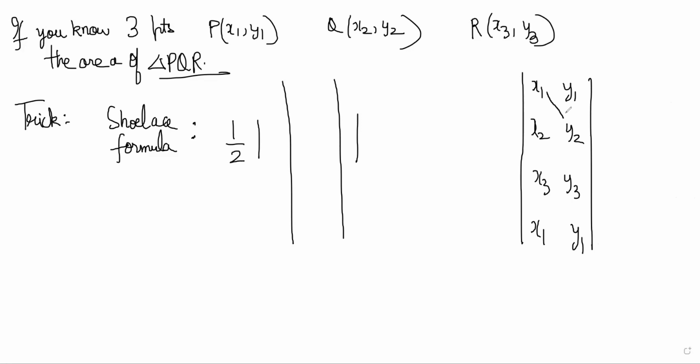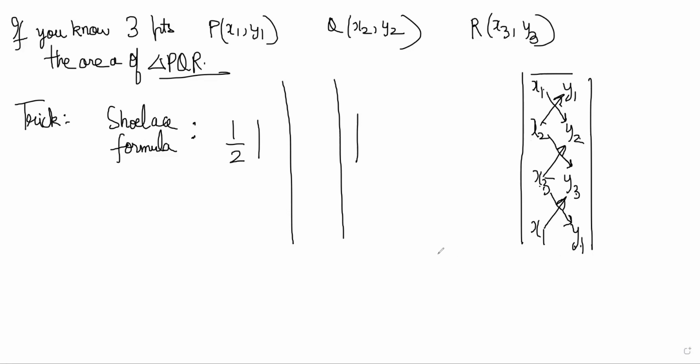Oh, shoelace formula. I've seen this application a lot of times. So you have to use this shoelace formula. It's nice. So what you have to do is write first vertex, second vertex, third vertex, and repeat the first vertex once, right? And then multiply like this, as if you're tying the shoelaces. Multiply x1 with y2, x2 with y3, x3 with y1, add all three, and then subtract the opposite shoelaces like this.